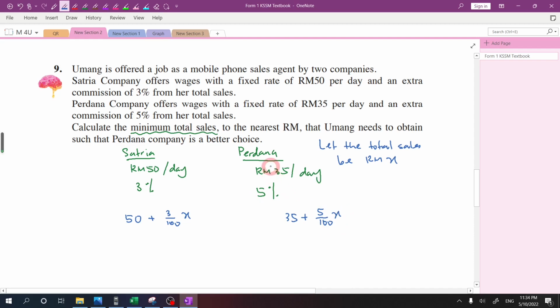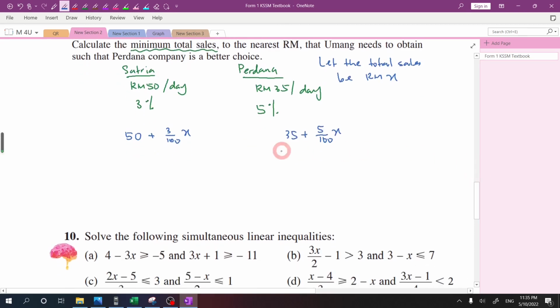Okay, now since the question wants Pradana company to be a better choice, this must be greater than this, right? 35 plus 5 over 100x, you can just write 0.05x, must be greater than 50 plus 3 over 100x, you can just write 0.03x. We want this to be greater than this, use this symbol. This is less than this.